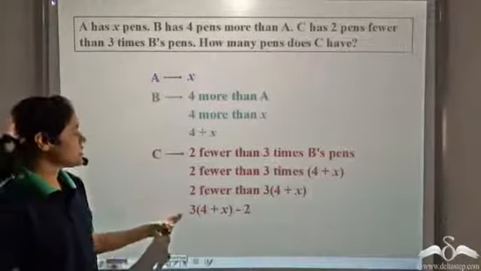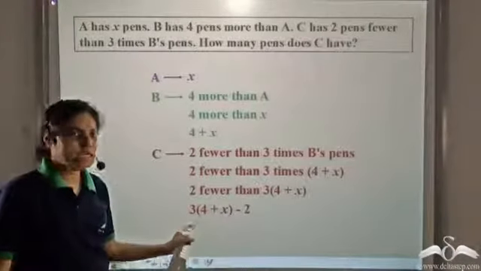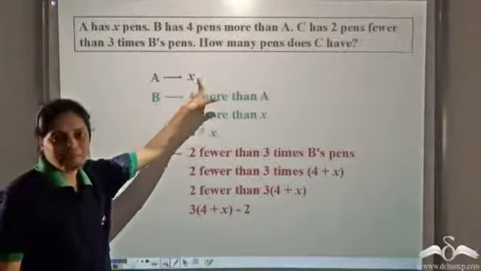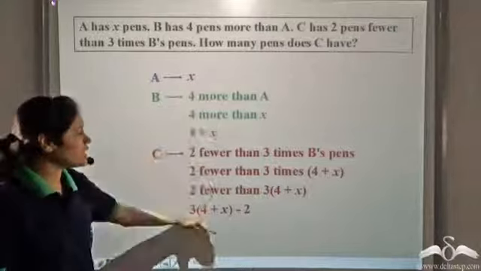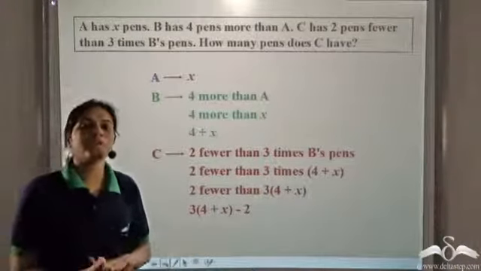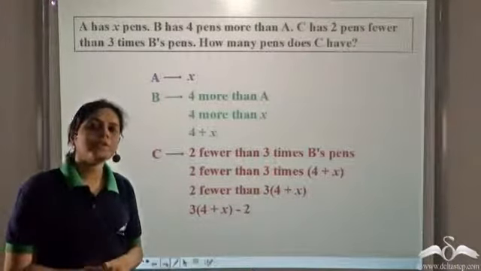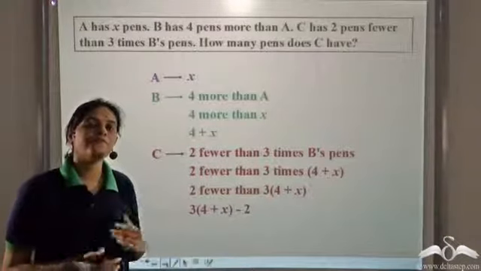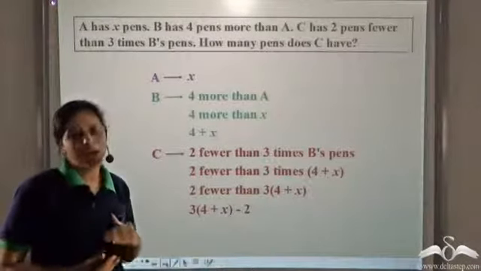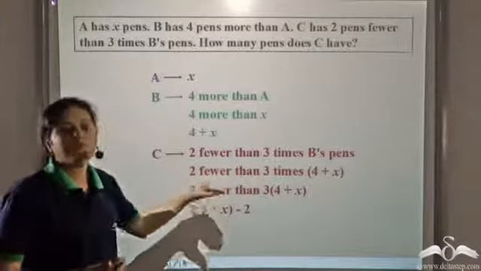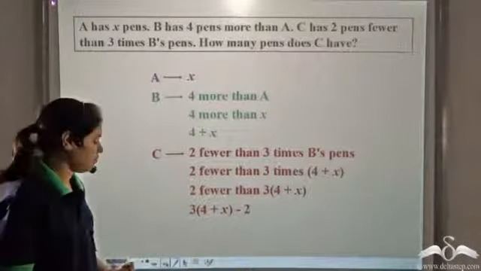So this is the number of pence with C if A has x pence. So you can see that such a complex looking problem can be solved in a very simple manner if we follow a step-by-step and logical approach, taking one operation at a time.